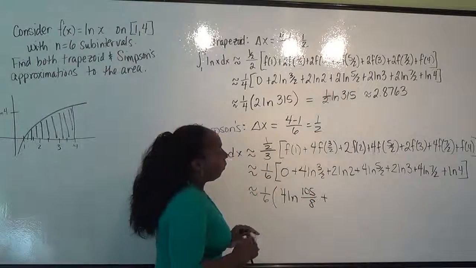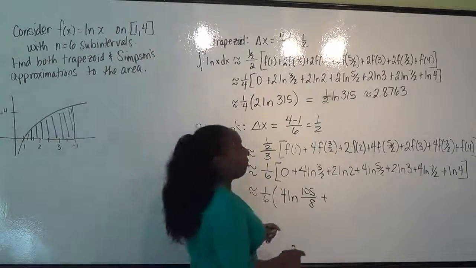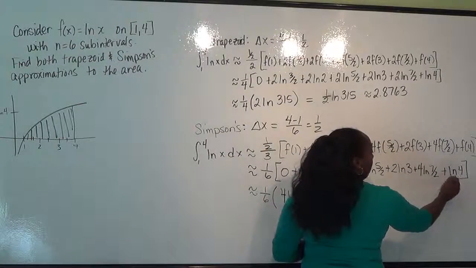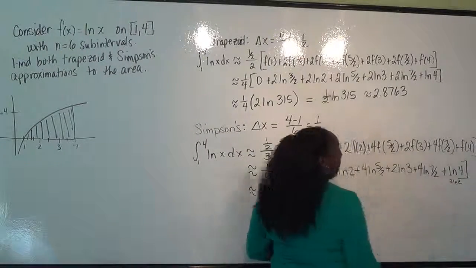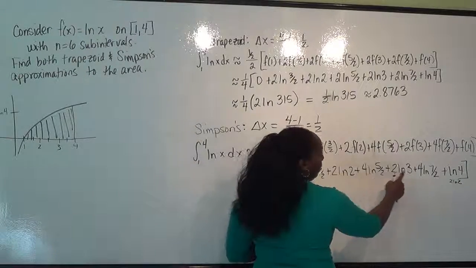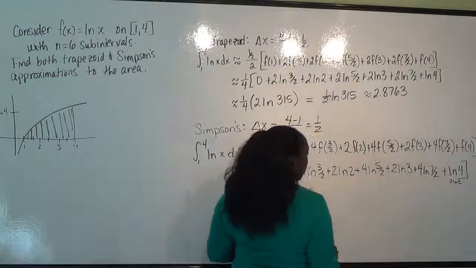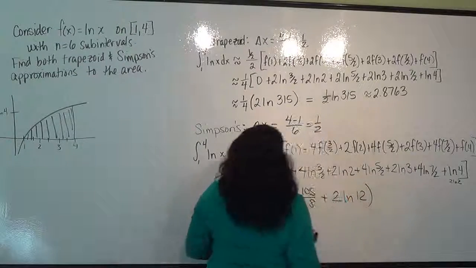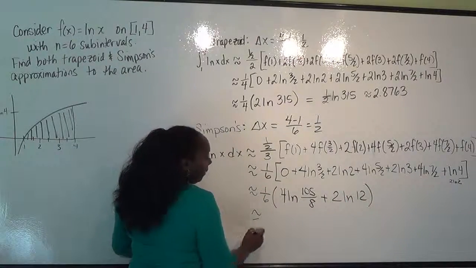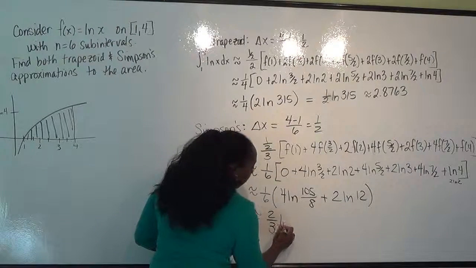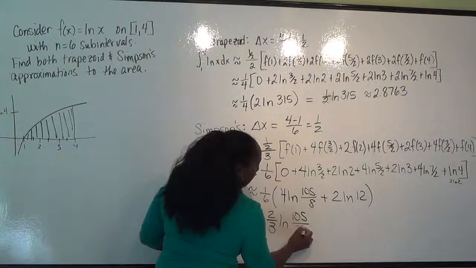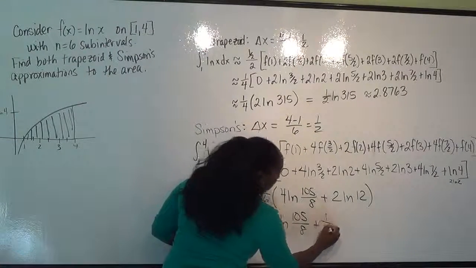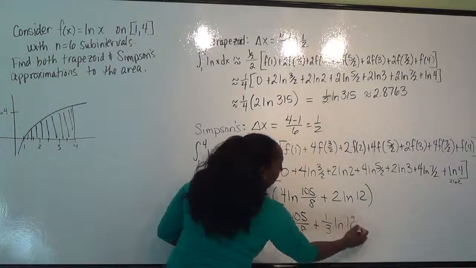And if we look at the ones with all the 2's in front of them, so again, this last one, we can think of as 2 ln of 2. So we'll have 2 times 3 times 2, which looks like 12. And so simplifying, we're going to get 2/3 natural log of 105 over 8 plus 1/3 natural log of 12.